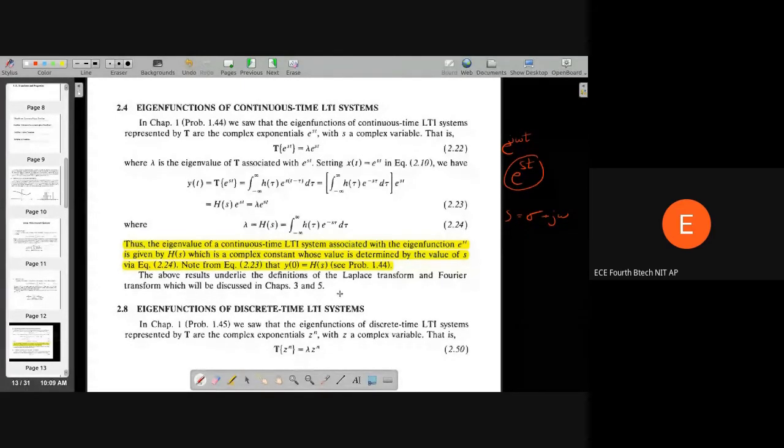The same thing for discrete. In discrete, we represent in polar form z to the power n, where z is a complex number. Z we represent by r e to the power j omega, where r is a radius in the complex plane, omega is the angle. So you will have r to the power n e to the power j omega n.